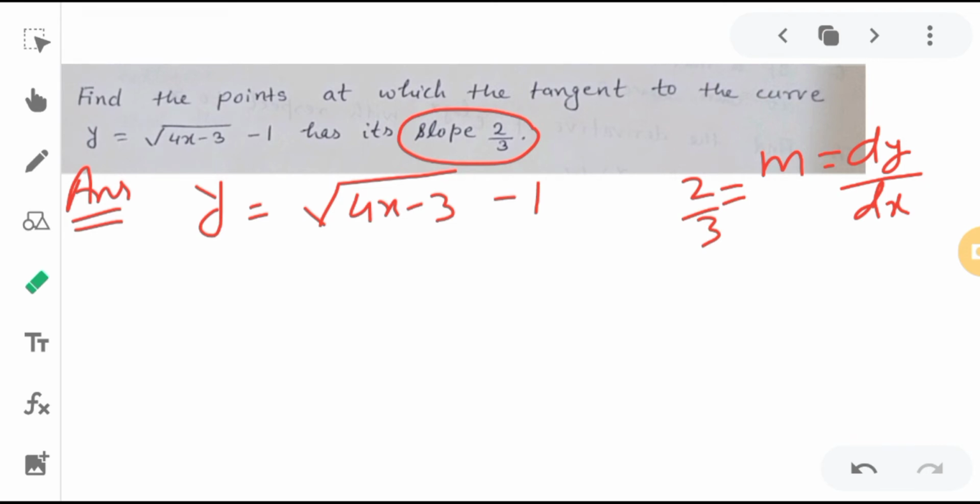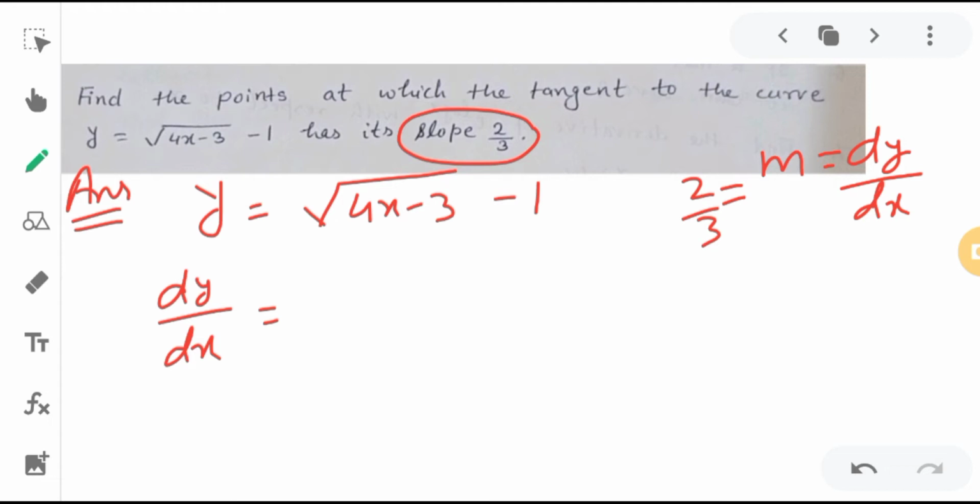But before that, first we need to find dy upon dx. You know how to find the derivative. I discussed it in previous videos also, and I will explain here also, so if you have any confusion in differentiation, this will clear your doubt.